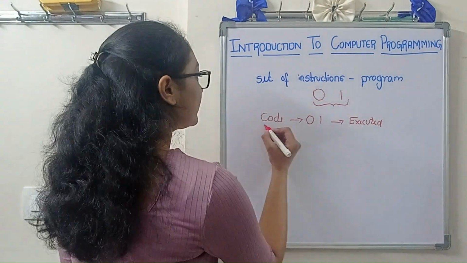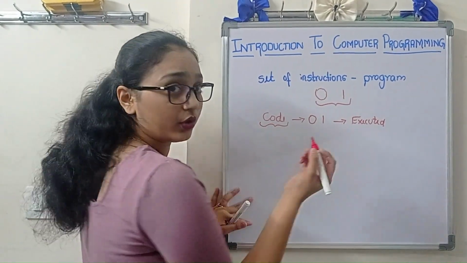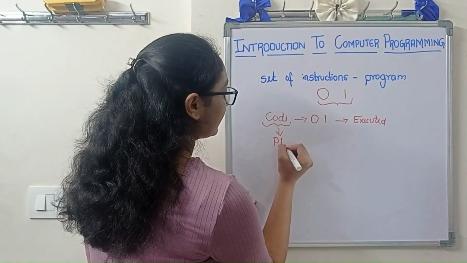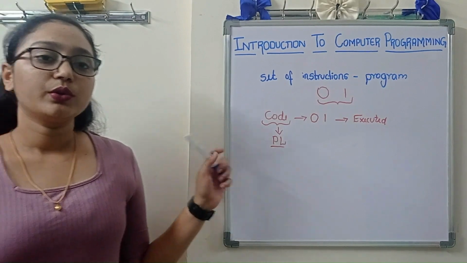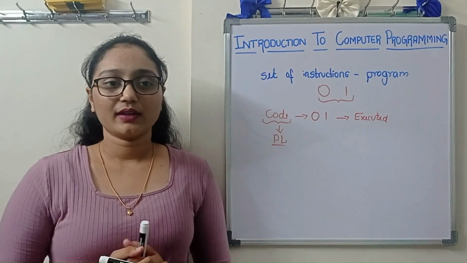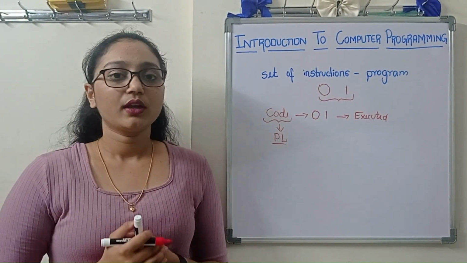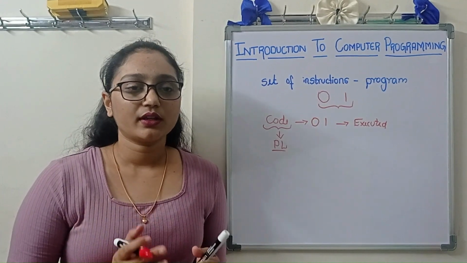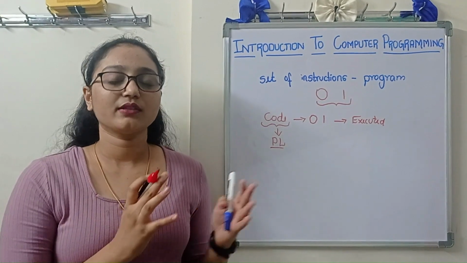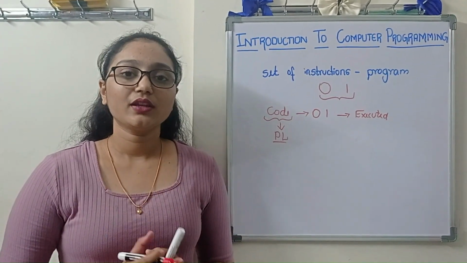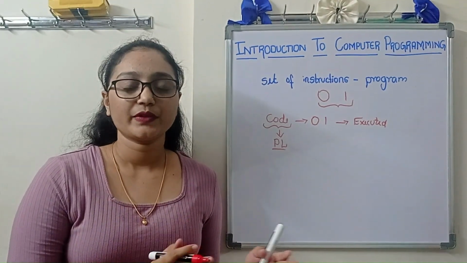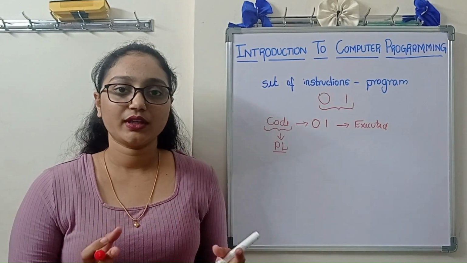So to do that, first we should code. To code, what we require is a programming language. To learn a programming language, we have to start from the basics, and we have many programming languages through which we can code into the computer. Consider now you are learning English. What will you do first? First you will learn A, B, C, D, the alphabets of English, then you will learn the words, and then you will start framing sentences using grammar, and then you can speak to or communicate with anybody.